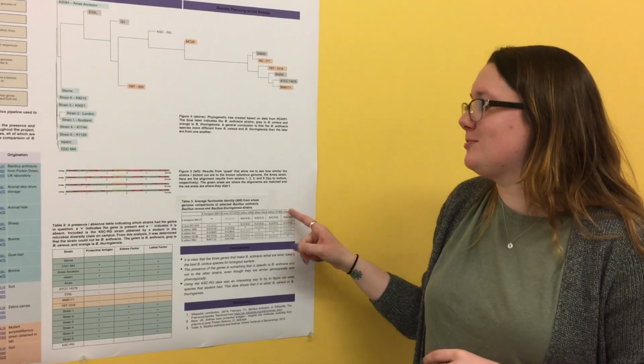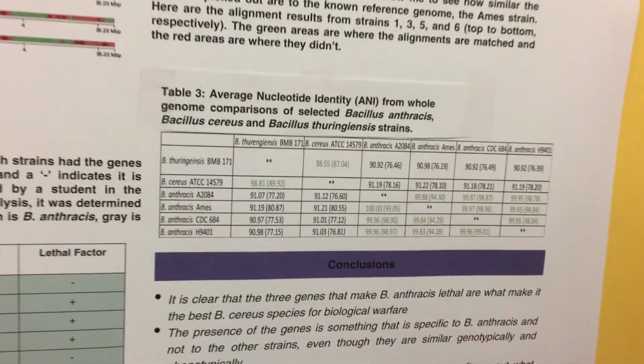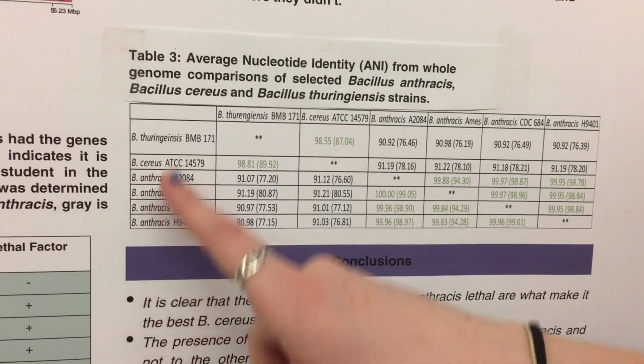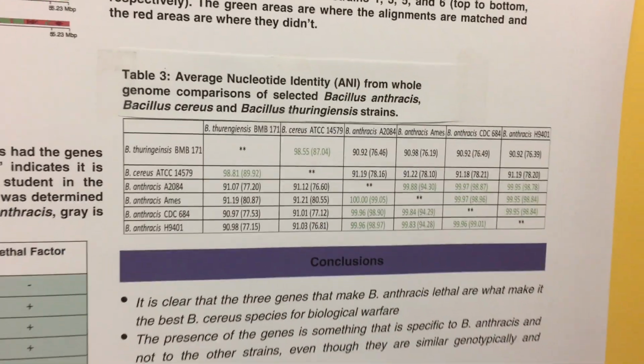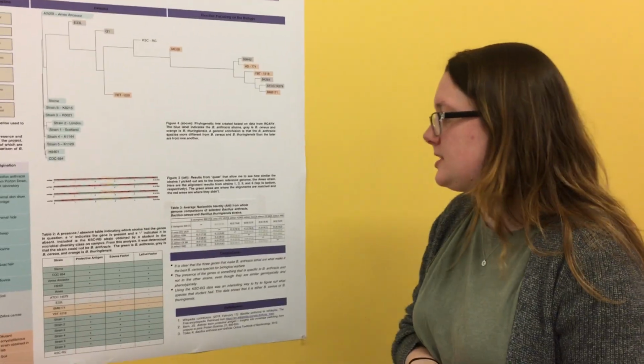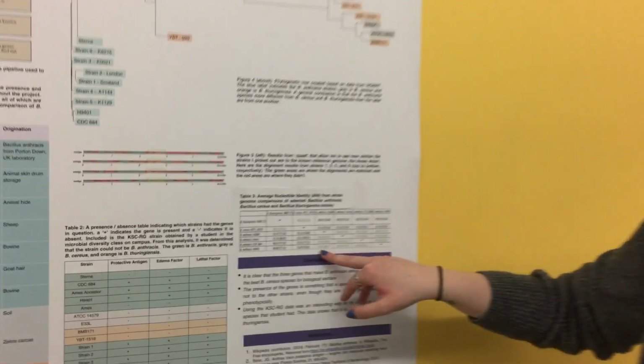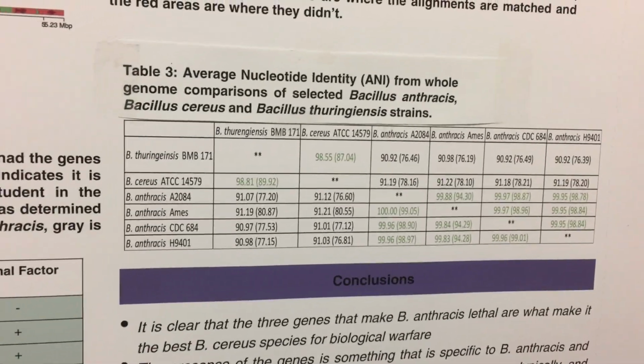Then I compared the average nucleotide identity between a number of different anthracis strains and one Bacillus thuringiensis and one Bacillus cereus, and I just wanted to see how similar they were to one another. Here the green indicates a value that's acceptable, and the black is not acceptable.